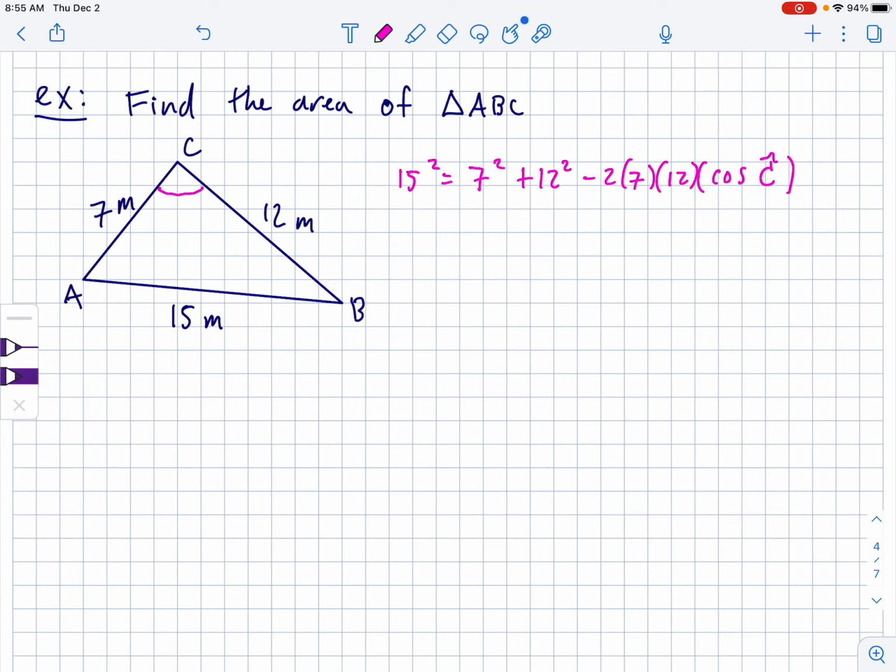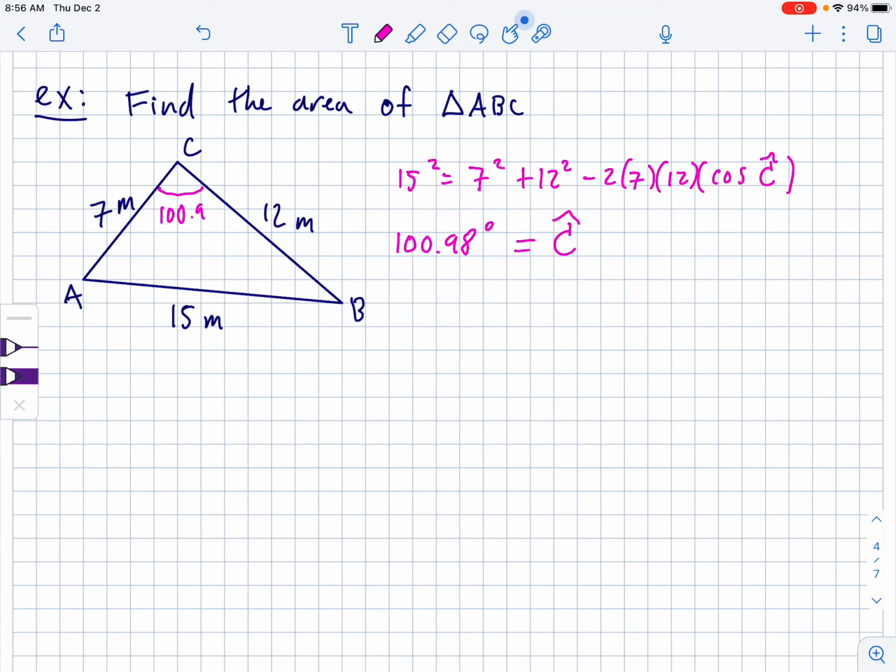Check my other video about law of cosines about how to solve the algebra of that. But when you do solve this, you will get that C is about 100.98 degrees.